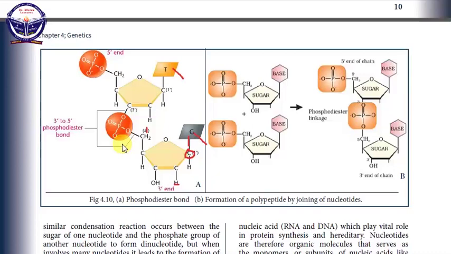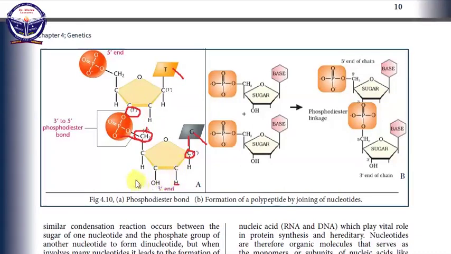And you can see this phosphate group, one of the hydroxyls is bonded to another sugar there. So first, this phosphate group will bond to this carbon atom number 5, and then this phosphate group will bond to the carbon atom number 3 of the next sugar. You see?